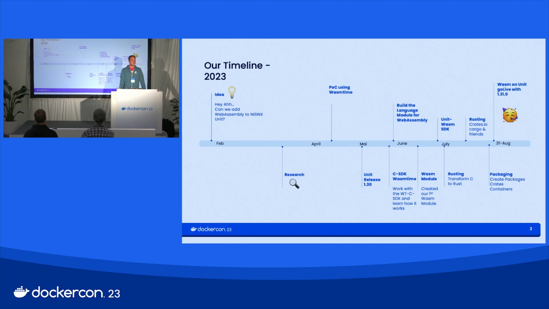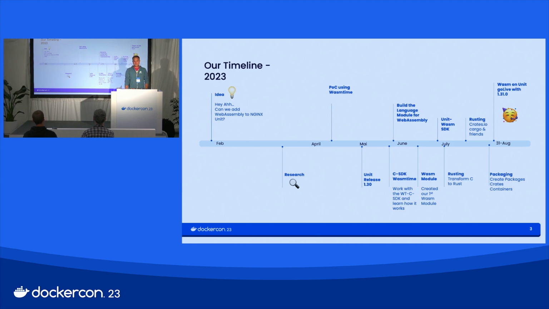I mean, new, it's a couple of years old already, but it's not so well known. It's a universal web application server that can run your code natively in 7 different languages. So adding WebAssembly to this as number 8 did make sense to us. So in February we said, let's add WebAssembly support to NGINX Unit.